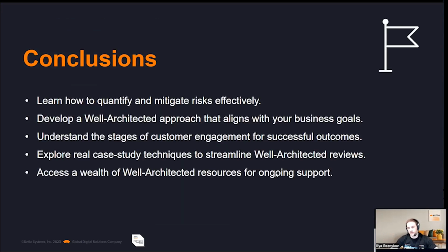Okay, good. So let me summarize what we considered. We discussed the Well-Architected Framework approach, how it could be used to meet our business goals and improve our workloads, and how we may prioritize and mitigate risks. We discussed that the Well-Architected Framework allows us to have more efficient and healthier applications and infrastructures.